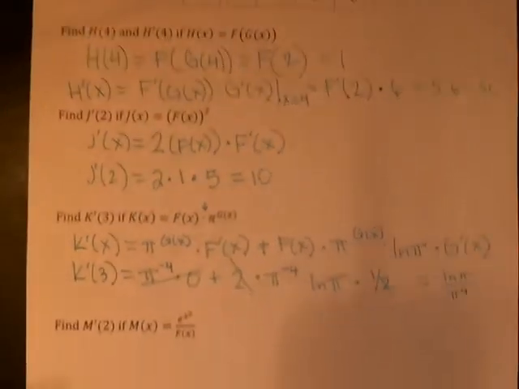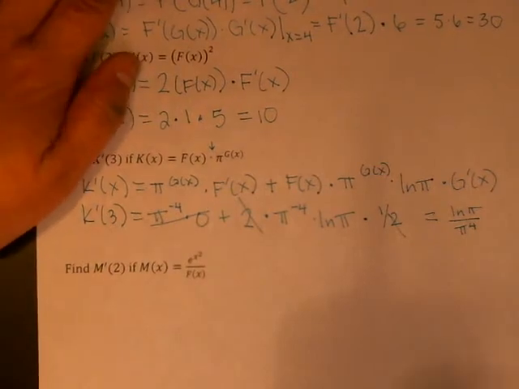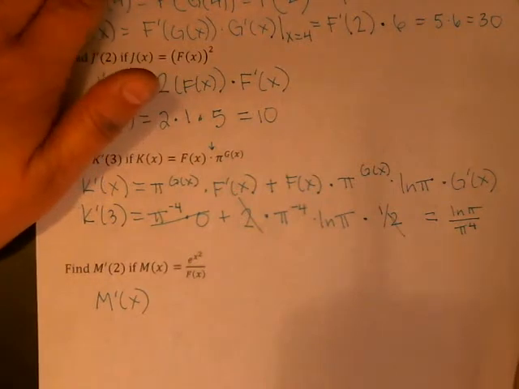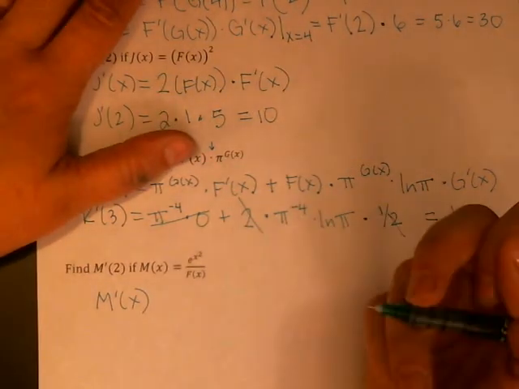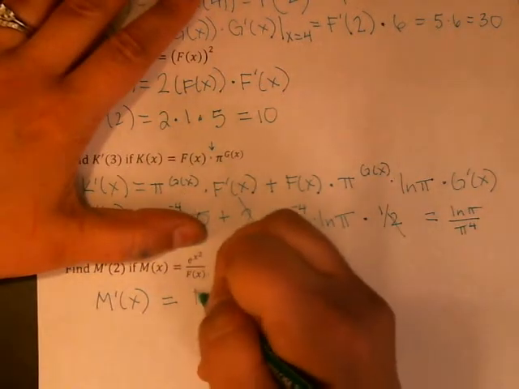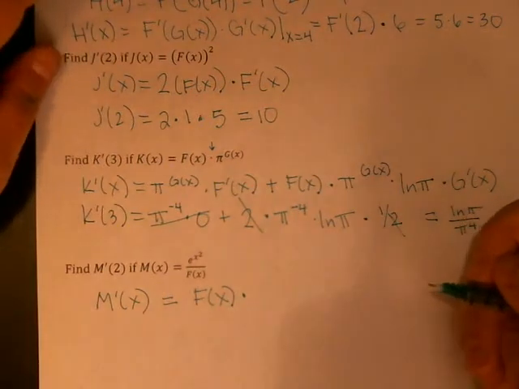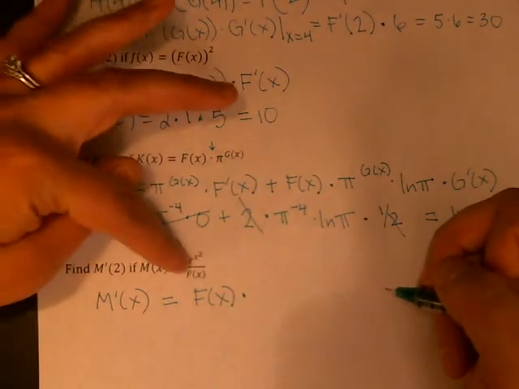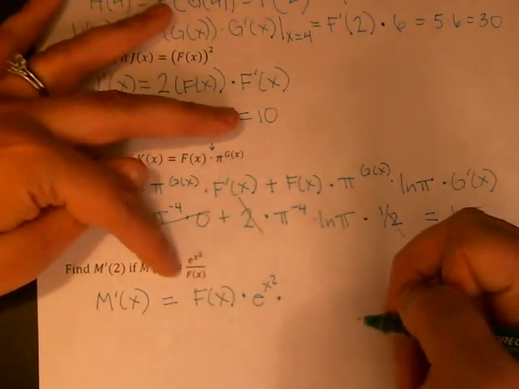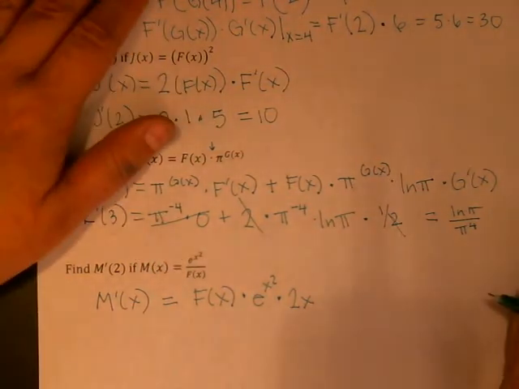Okay, one more, I have to move this up so you can't see the table. Find m prime of 2 if m of x is equal to e to the x squared divided by f of x. So the derivative of this function is going to require a quotient rule. We'll want the bottom, f of x, times the derivative of the top, and here's where our chain rule shows up. e to the stuff is its own derivative, and then the chain rule says multiply by the derivative of the stuff, which is going to be a 2x.